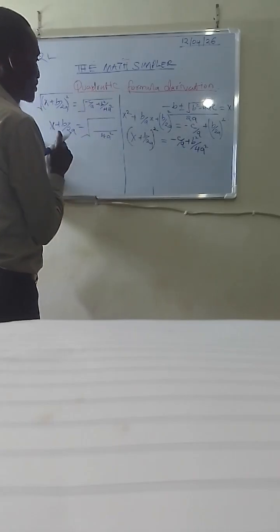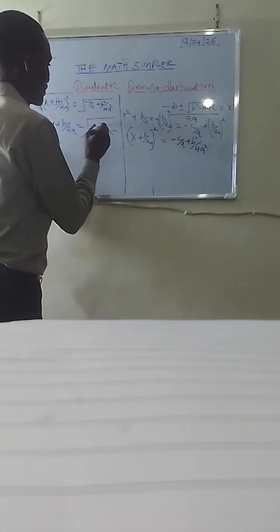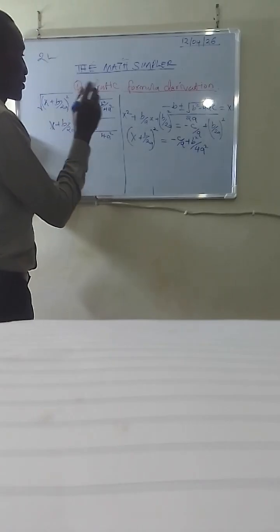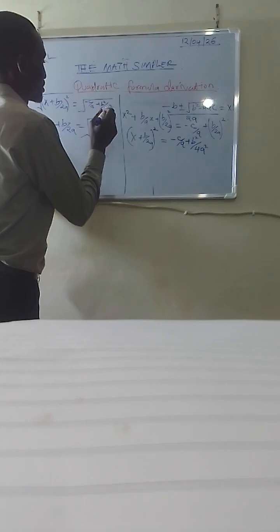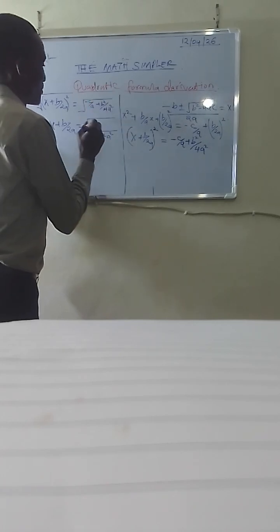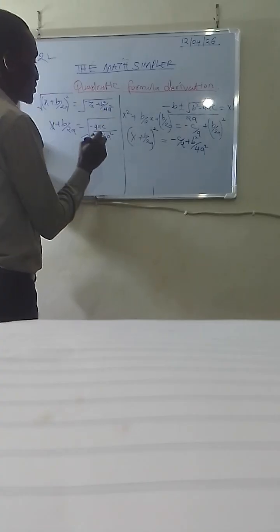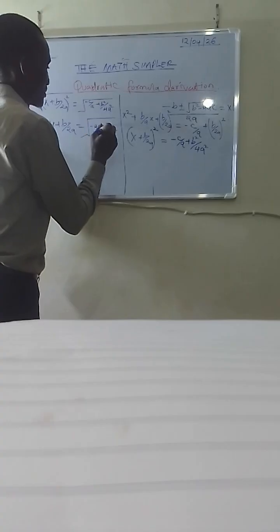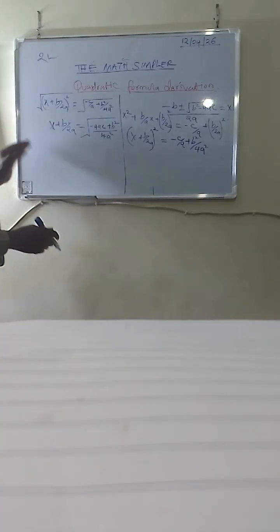A goes into 4a squared 4a times, so this one will be negative 4ac. This 4a squared goes here once, and 1 times b squared is b squared.